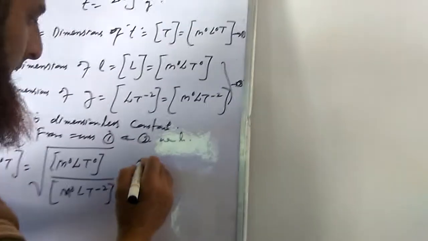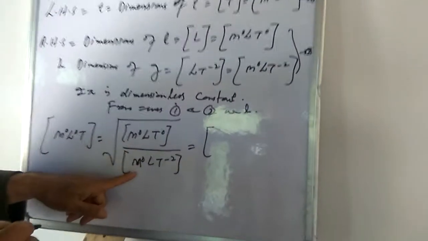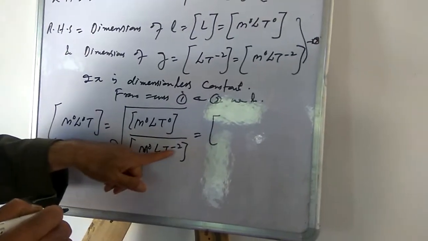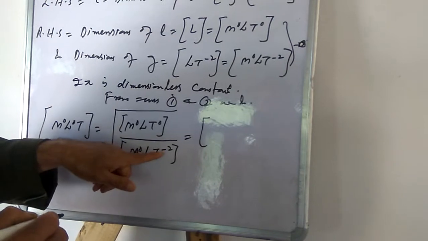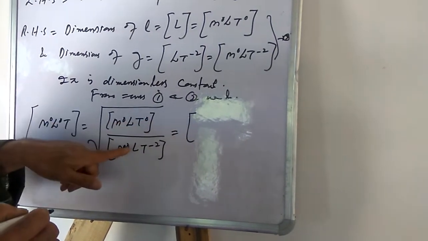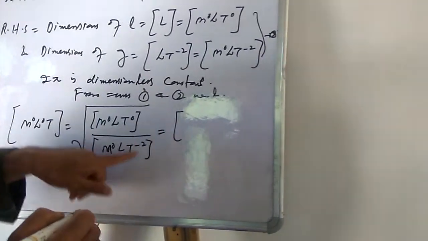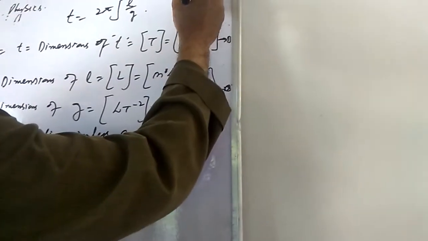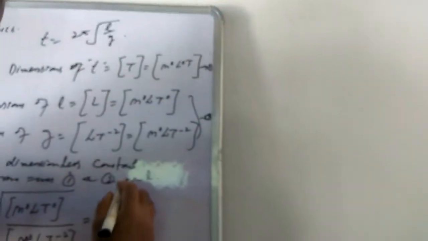Now look here what it will become. M0 cancels, L and L cancel. It is 0 minus minus 2, which is 2, and here it is T2.